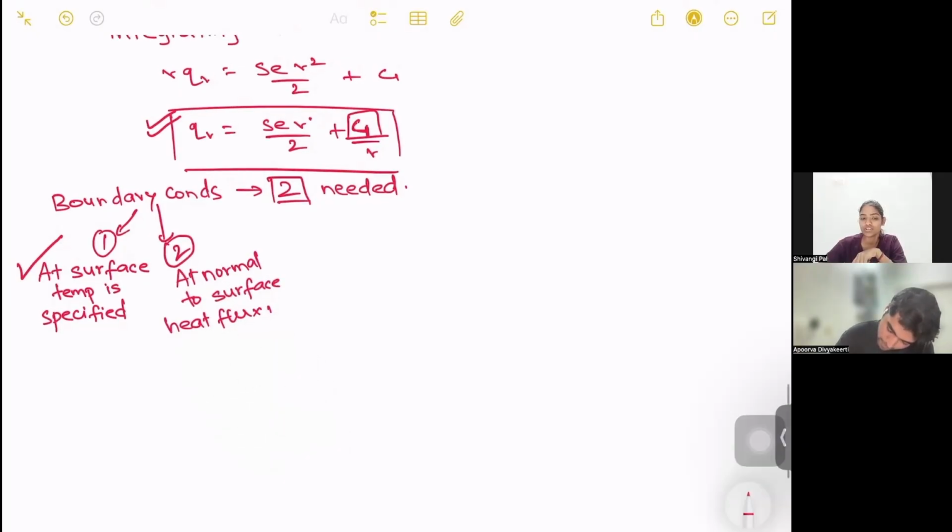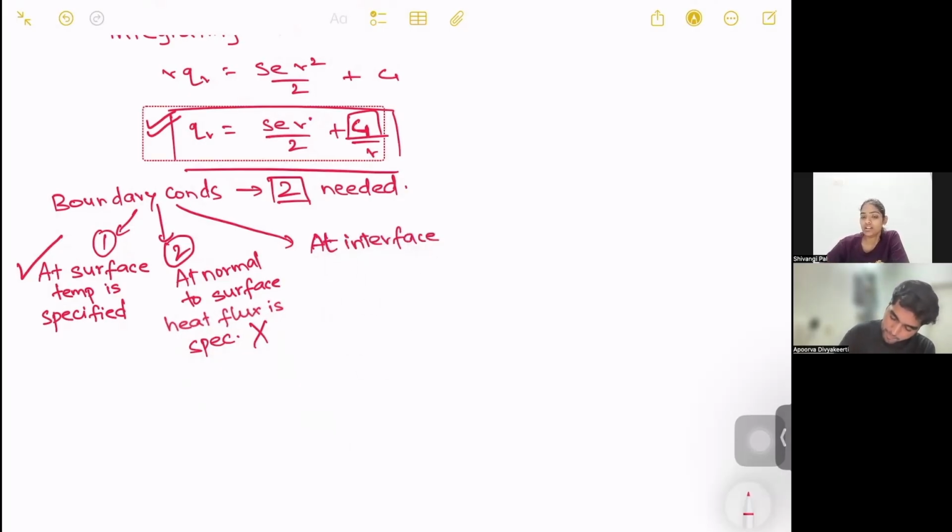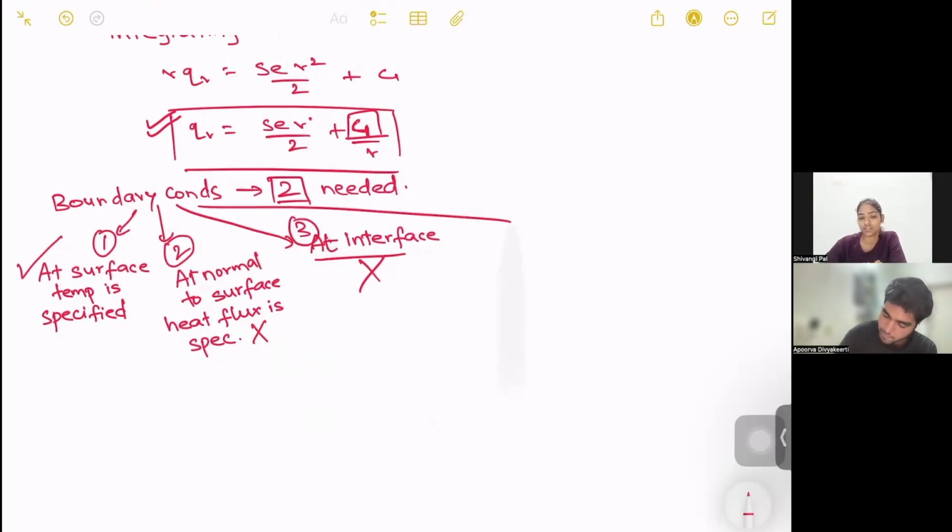Our third boundary condition is at an interface, the continuity of temperature and the heat flux normal to the interface are required. This boundary condition is not applicable over here. Why? Because we do not have any interface. We just have a solid wire and there is no fluid flowing outside, so there is no interface.